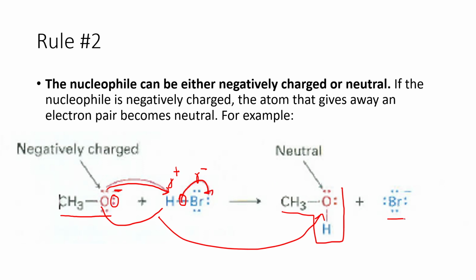So the final products are ethanol and your bromide anion. Since it is already negatively charged, when it grabs a positively charged atom, it becomes neutral. So negative plus positive, you have neutral.